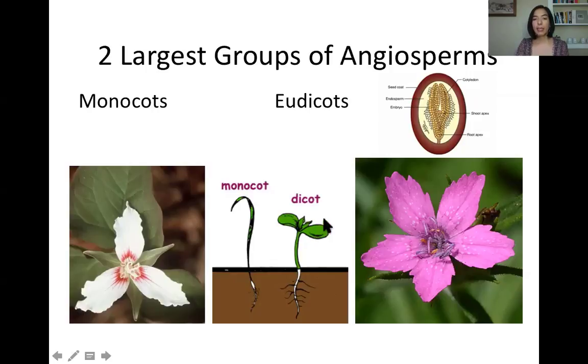And dicots will have two cotyledons, but as I said, this group is artificial. So right now we're focusing on eudicots, and these will have two cotyledons, right? Two cotyledons emerging from the seedling. So these are cotyledonary leaves.